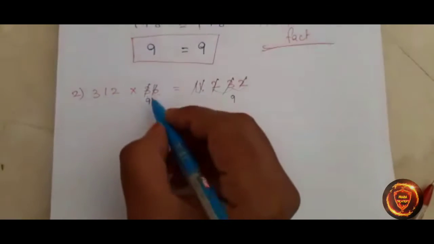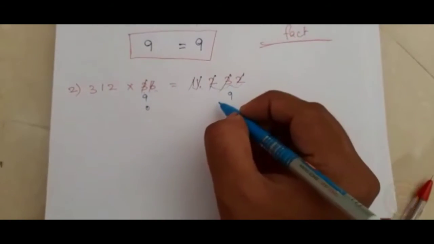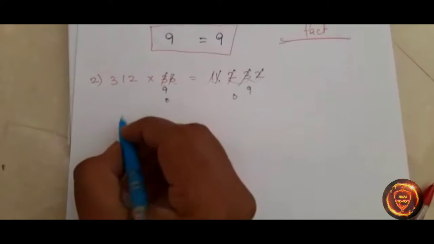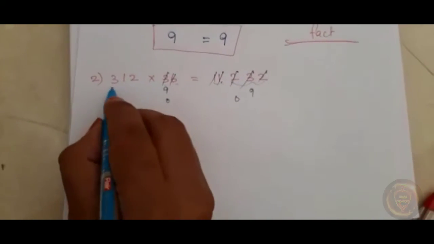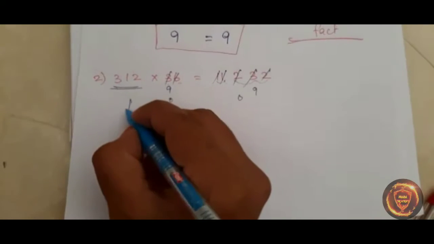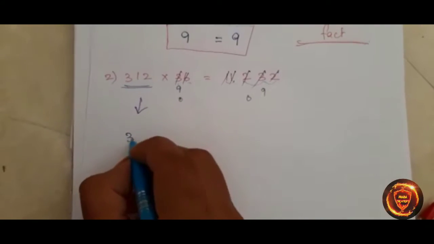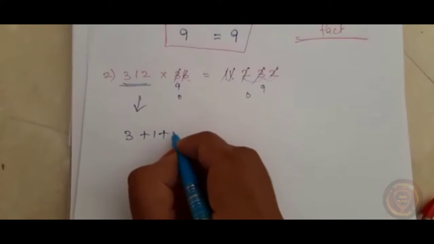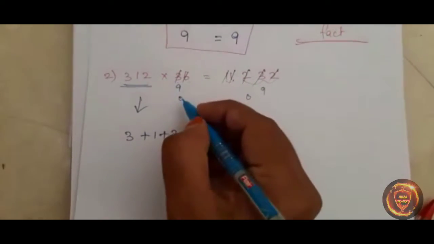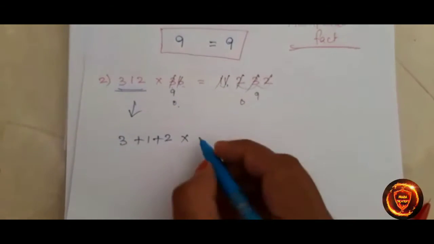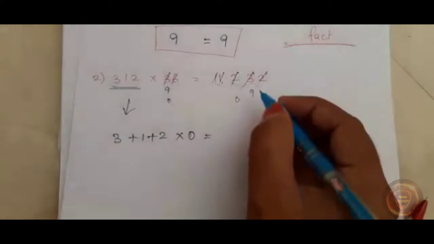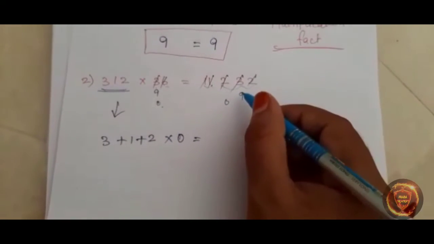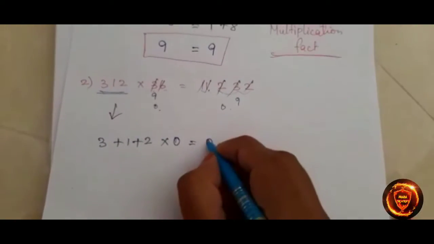So what is the remaining value? 0 and then 0. Now write the next step. Write this term in expanded form: 3 plus 1 plus 2 into 0 is equal to, now what is the remaining value of the right side? 0.